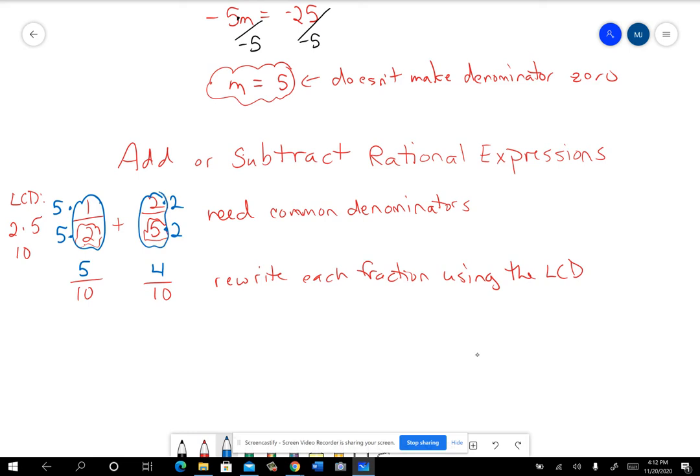So I'm not really changing the problem. I'm just getting it to where I have like fractions. So it's kind of like, you know how you needed 5x plus 4x to be able to combine them and say 9x? It's like we have 5/10 plus 4/10. So we'll be able to combine them to get 9/10.